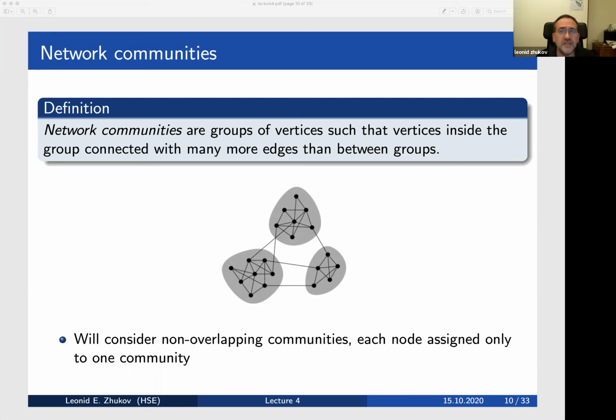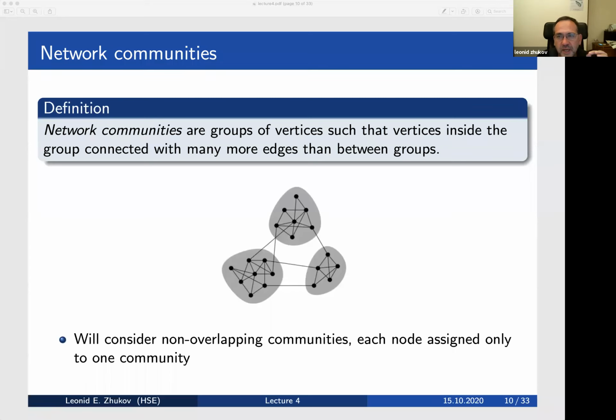Which means there might be very many different algorithms allowing you to find those communities, and the results might not coincide. So one person can say, this is my community. Another person will say, that's my community. And in fact, both are correct in terms of this definition, simply because the definition is not very precise, okay? So that's something to keep in mind.